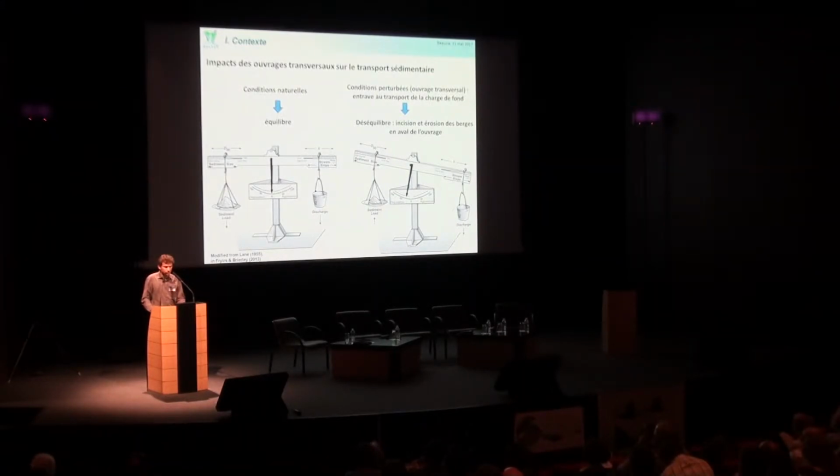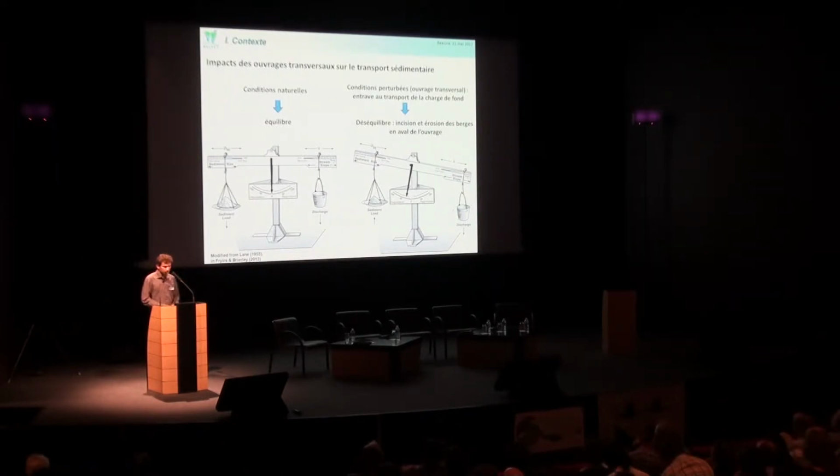So here are the types of works, the dams, that can impact the sediment transport. We have shown here the Lane balance. We can see the balance between the flow rate, the slope, and the quantity and size of the sediments.